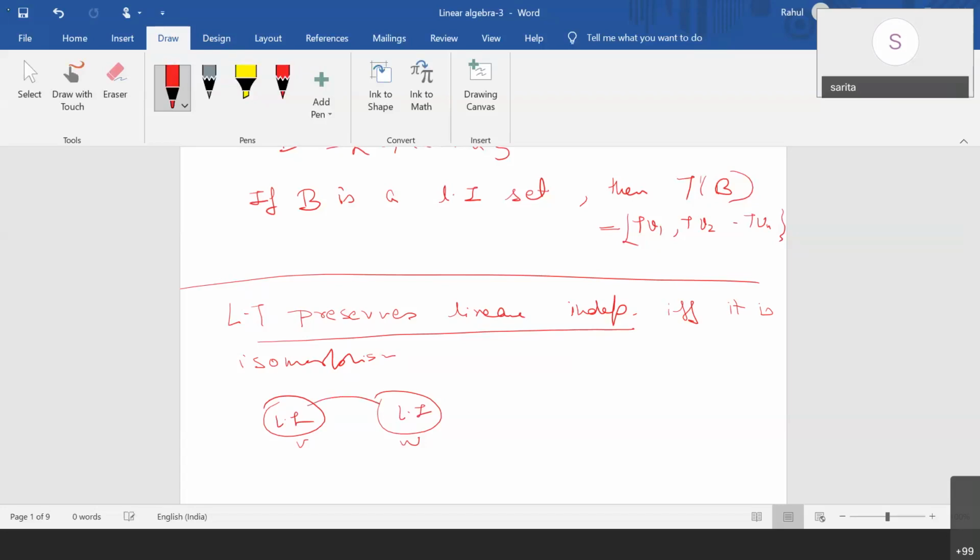This way will be true only if it is 1 to 1, and the other way it will be true without 1 to 1.